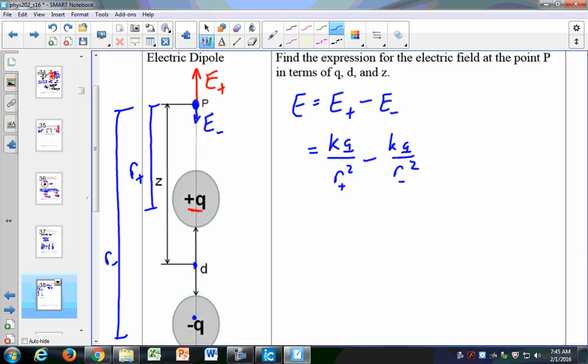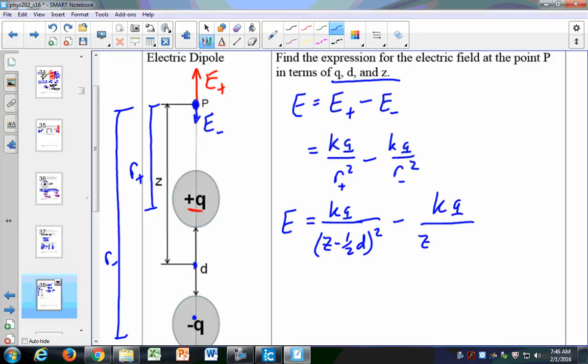All right, I want to express this in terms of Q, D, and Z. So I can rewrite this again. E is equal to KQ over (Z minus 1/2 D) squared, minus KQ over (Z plus 1/2 D) squared.